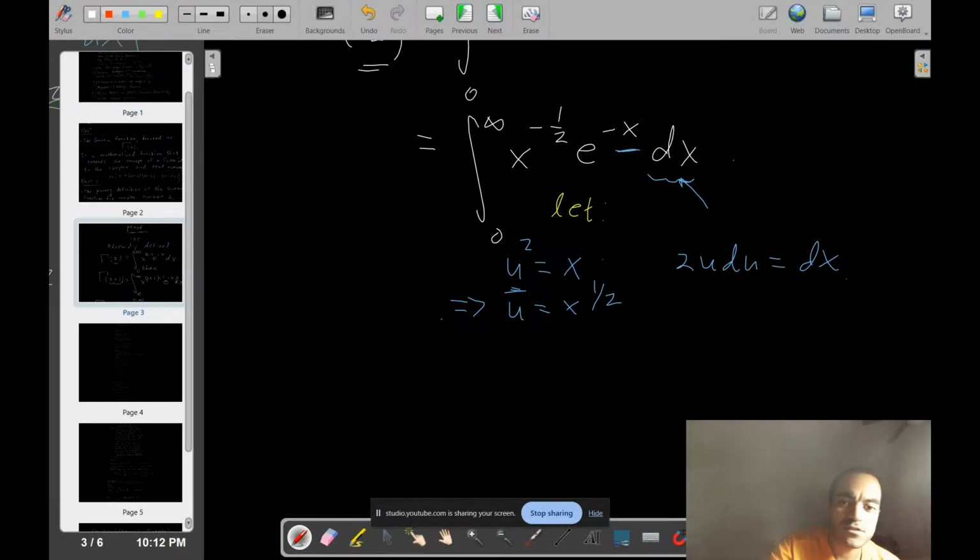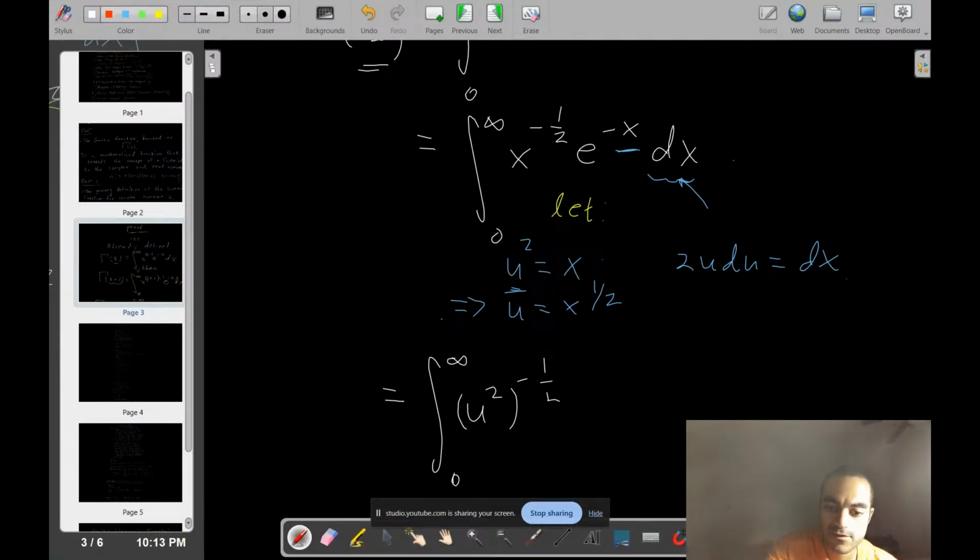So let's substitute this in. This is now the integral from 0 to infinity of x to the negative half. Now remember what my x is. x is u squared, so this becomes u squared to the negative 1/2.